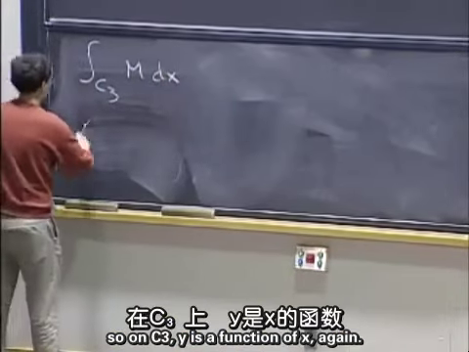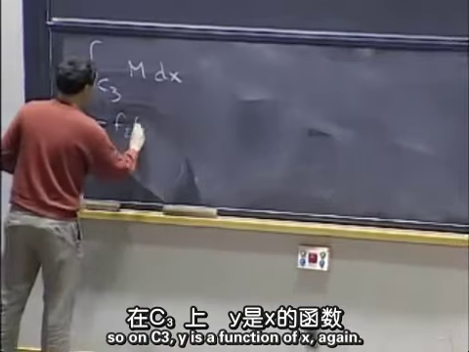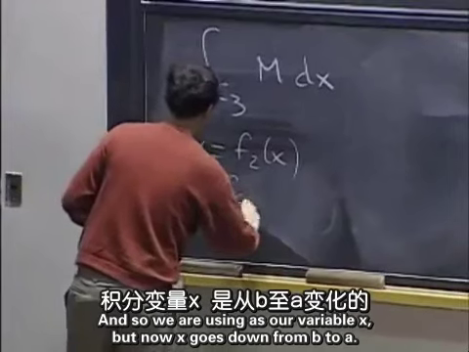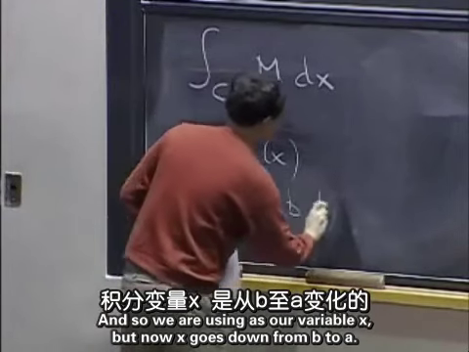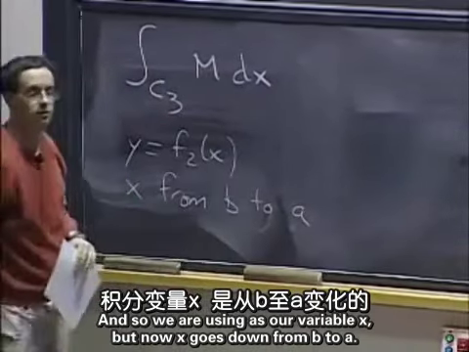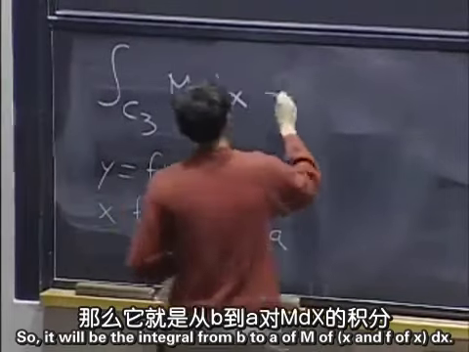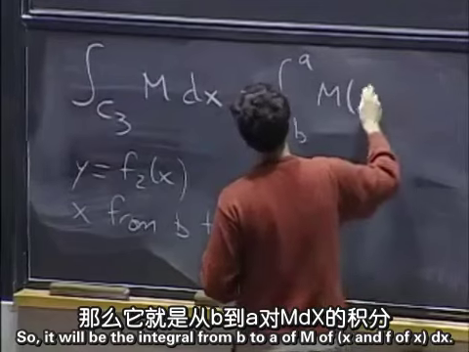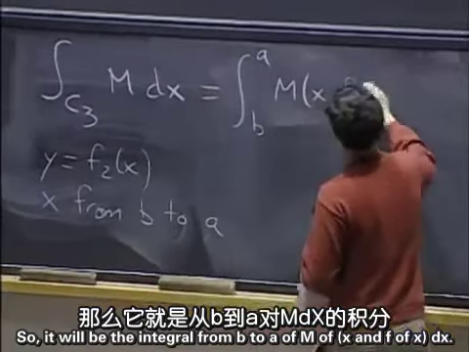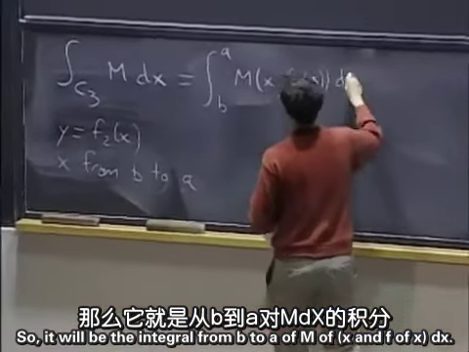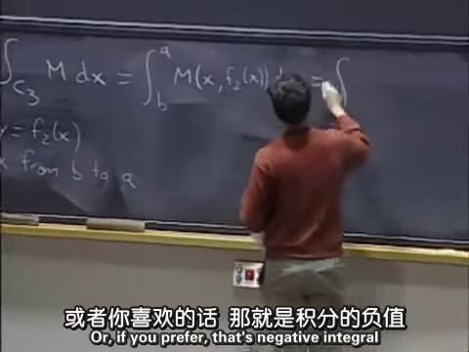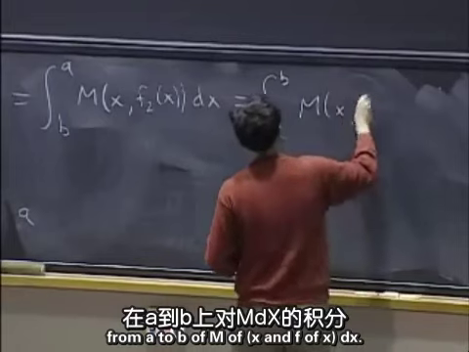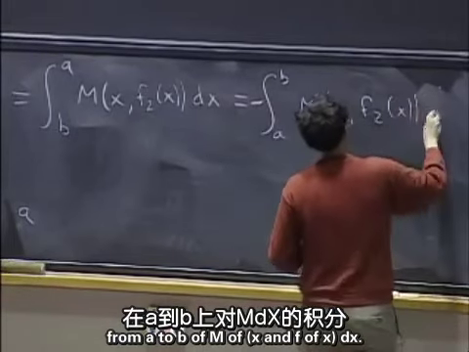So on C3, y is a function of x again. And so we're using as our variable x, but now x goes down from b to a. So it will be the integral from b to a of m of x and f2 of x dx. Or if you prefer, that's negative the integral from a to b of m of x and f2 of x dx.